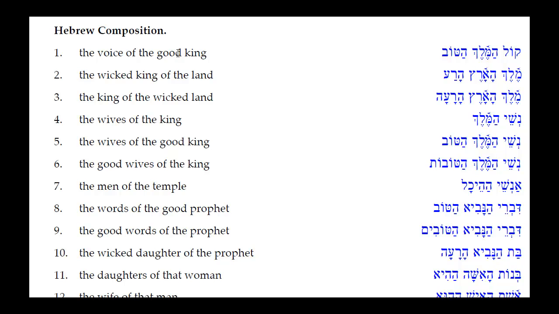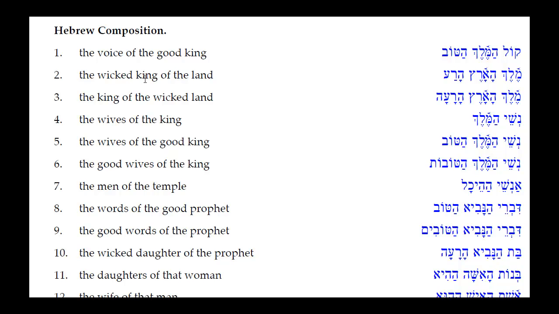Then you put the adjective good after the king, because that is an attributive adjective, and we know that attributive adjectives agree with the noun in gender, number, and in this case definiteness. So you have hatov. Hatov is masculine, singular, and with the definite article, just like Hamelech. So the voice of the good king: Kol Hamelech Hatov.